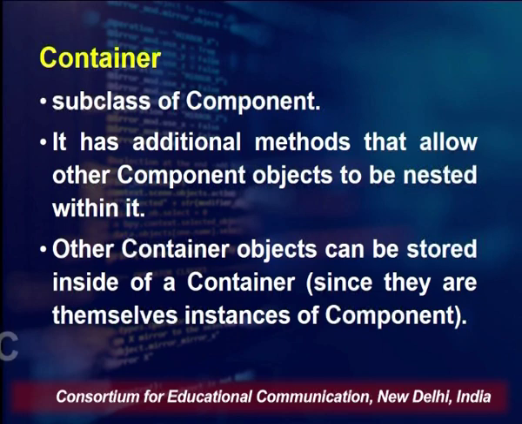For example, if we want to store some component objects in it, we use this container class. Because of this containment, you may have a multi-level containment system in which other container objects can be stored inside a container, since they themselves are instances of the component class.